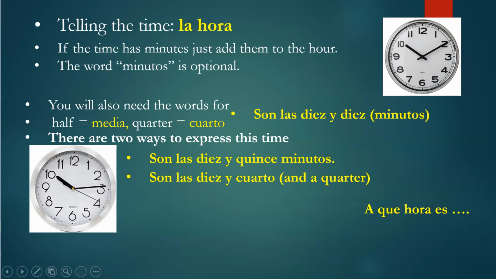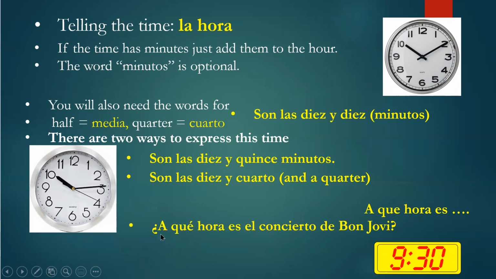Now, if you want to ask for an event, remember this is what time is it? You can also ask at what time, right? At what time is something, the class. For that, you will say a qué hora es, right?